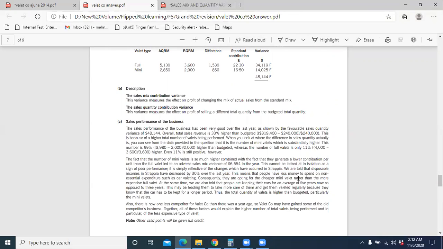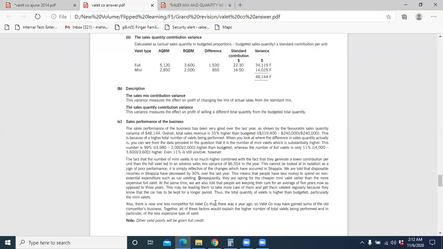That means the people have less money to spend on non-essential expenditures such as car valeting. I told you the important expenditures are petrol, food, education. So this is a non-essential thing. Definitely they can't afford the full valet. That's why they went for the mini valet more. That's why the sales for mini valet were more. That was the reason for the adverse sales mix variance.